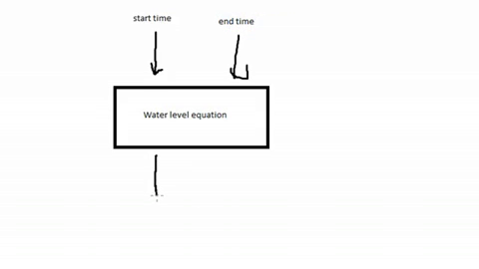So I want that to spit out two other outputs: our time axis and our height axis. Our time axis will just pump out a whole bunch of values which has our time in it, and our height values will just pump out a whole bunch of values which corresponds with the values inside the time axis.